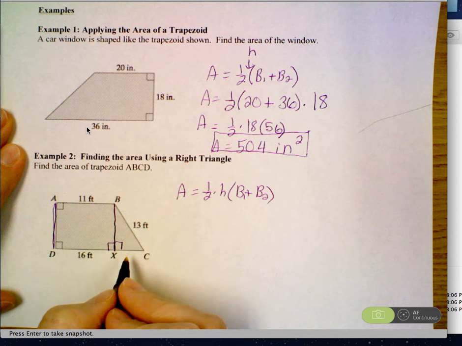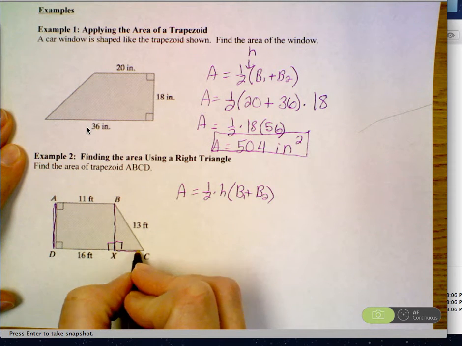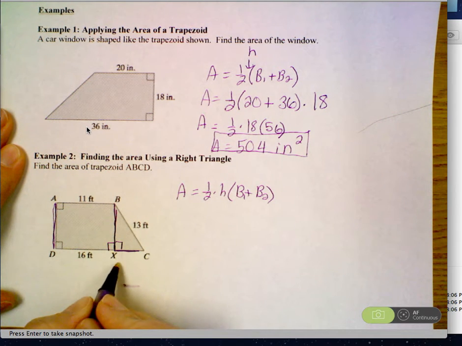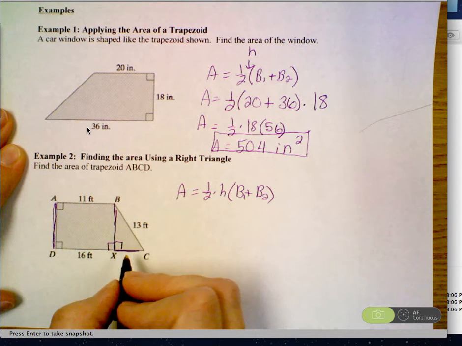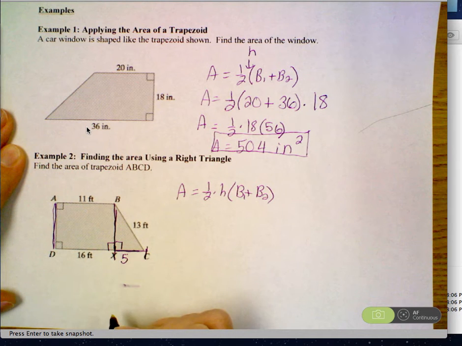So we can use this right triangle information to find this missing height. We know that this very bottom base is 16 and we know the top one is 11. The difference should give us this little segment right here. This little segment is 5 because that's the difference between 11 and 16.